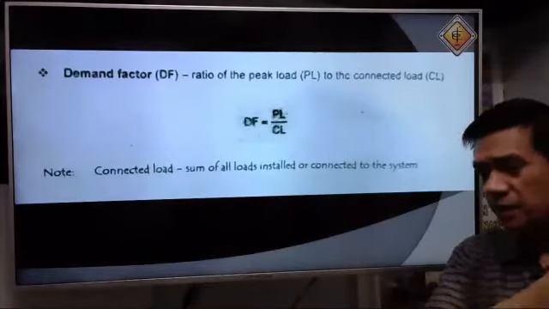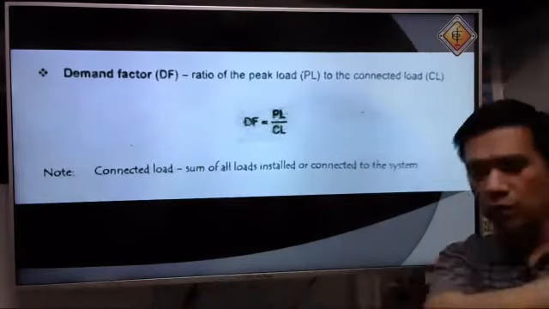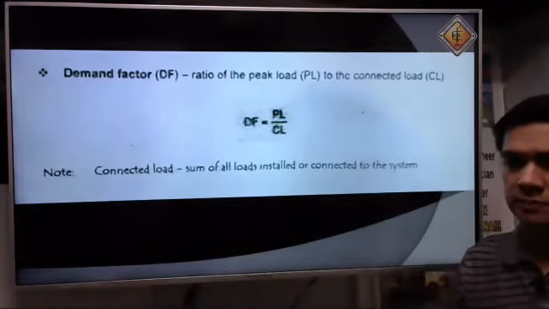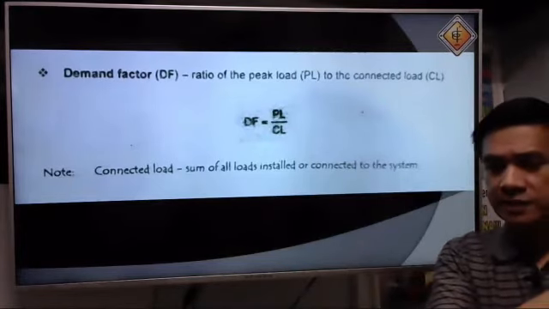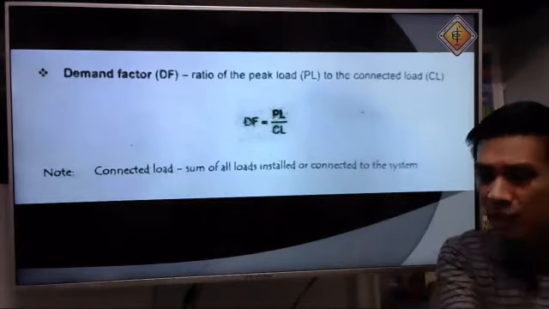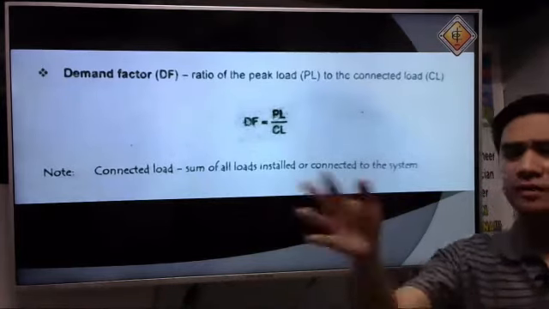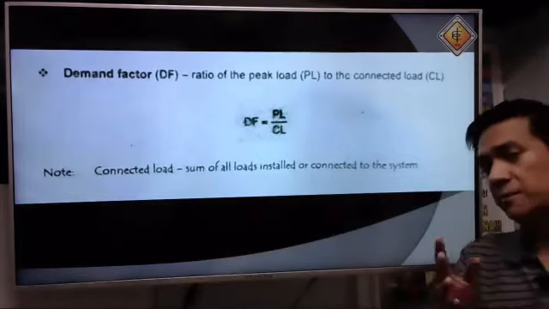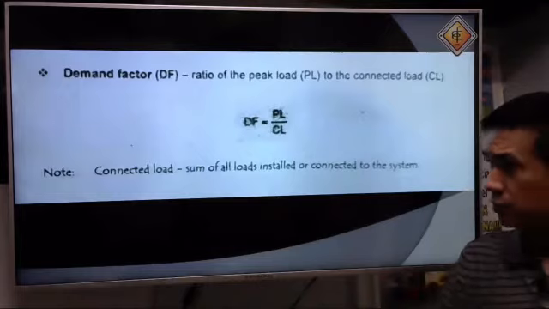Let's say how many kilowatts all these loads have. Let's say all these loads have 100,000 watts. Then there is a peak load that has 80,000 watts. So you divide.